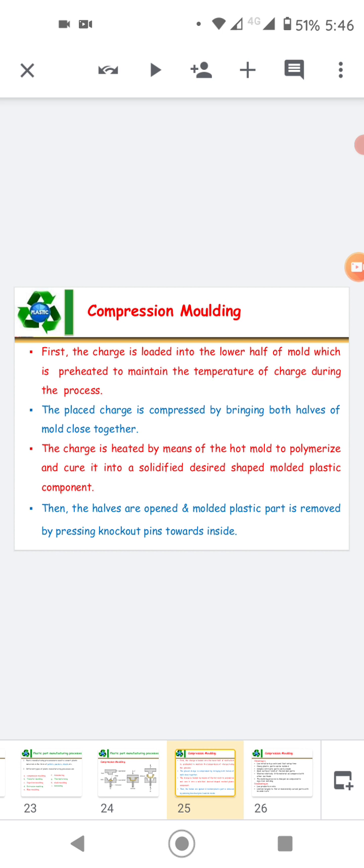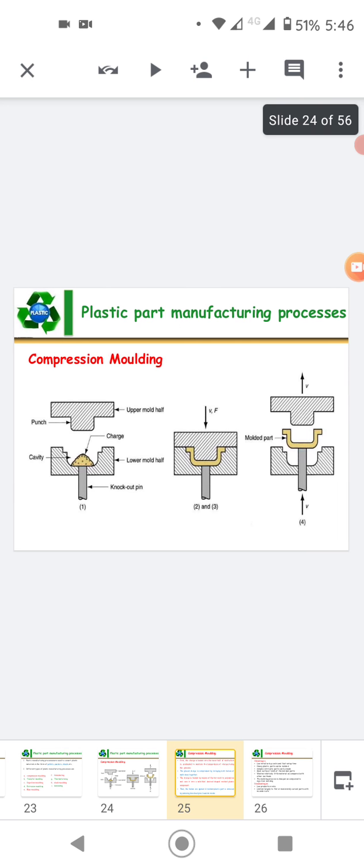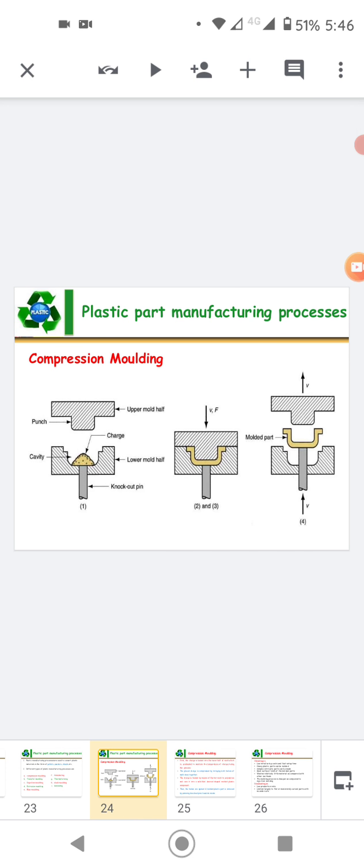The mold is closed and then heated, which softens the plastic to such an extent that it flows under pressure and completely fills the die cavity. The pressure is maintained till the plastic cures and becomes rigid. Thereafter, the mold is opened and the part is ejected from the mold cavity.